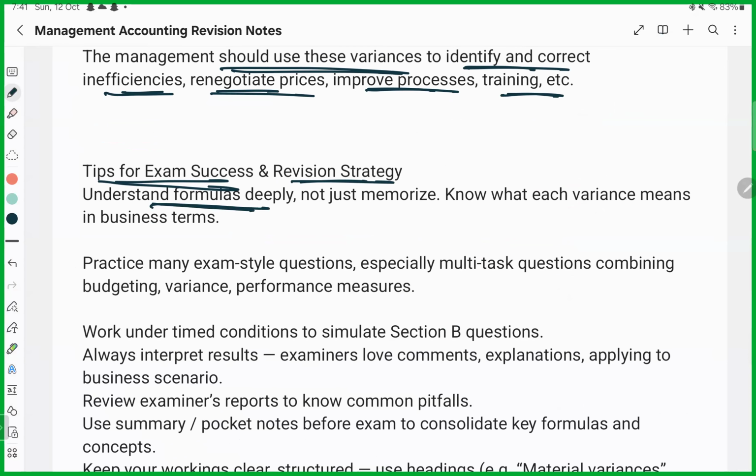You should know what each of the variances means, how to calculate them, and what interpretations can be made out of each variance in business terms. You also have to practice as many exam-style questions as may be required, specifically the multi-task questions, because each question comes for 10 marks, and these 10 marks can be a game changer for you.